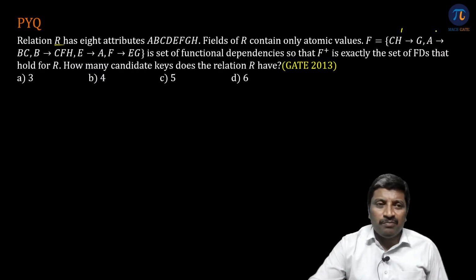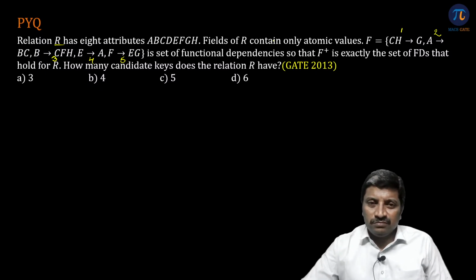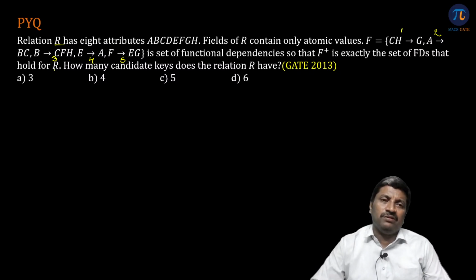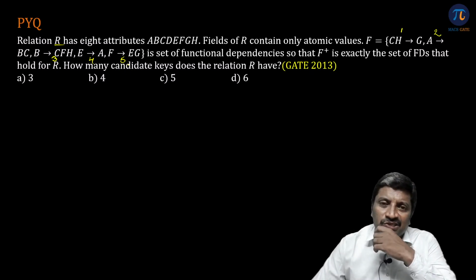CH implies G, A implies BC, B implies CFH, E implies A, F implies EG. The set of functional dependencies, so that F plus is exactly the set of FDs that hold for the relation. Now the question is, how many candidate keys does the relation have?